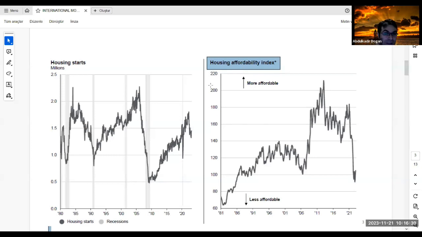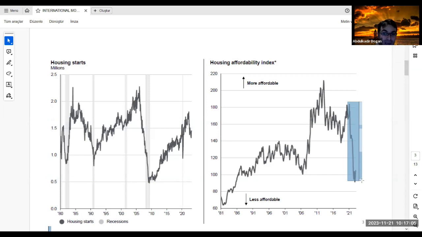And on the left-hand side, as you see, I have numbers. If there's an upward slope, I have more affordable homes to buy. And if this dashed line graph decreases smoothly, I can easily say that there are less affordable homes in the market.